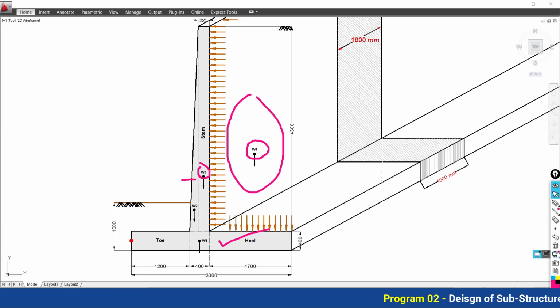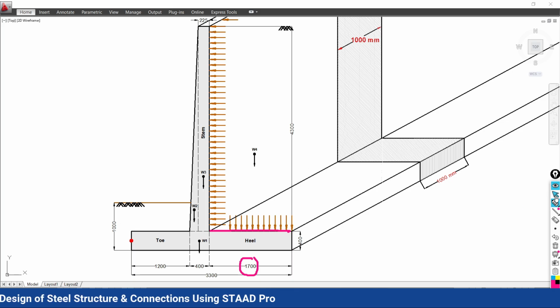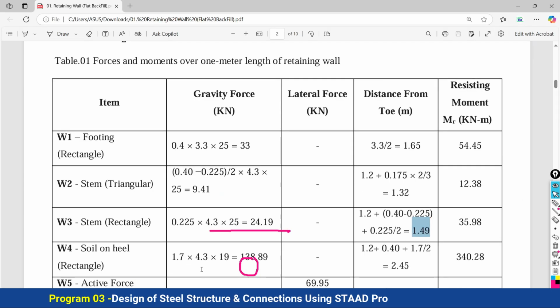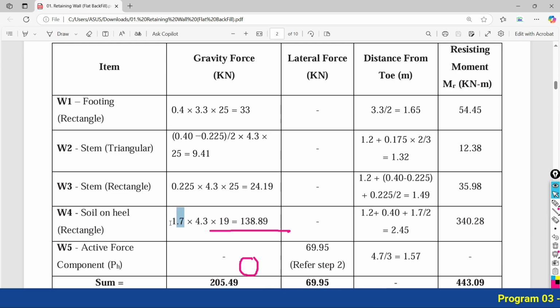It's very simple. The soil we are going to consider for the width of the heel. So total width of the heel is what? 1.7 meter, and thereafter the height of the soil we are going to consider. Have a look here. Height of the soil considered is 4.3 meter above the base, and width is 1.7 meter.